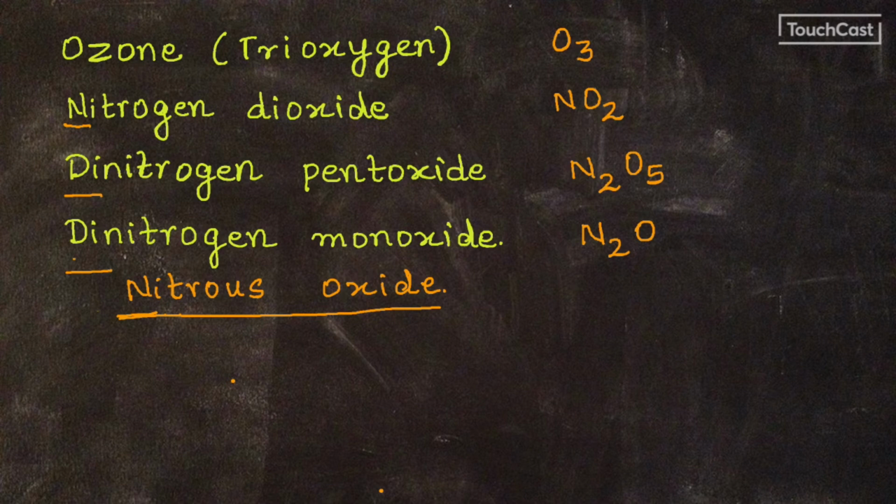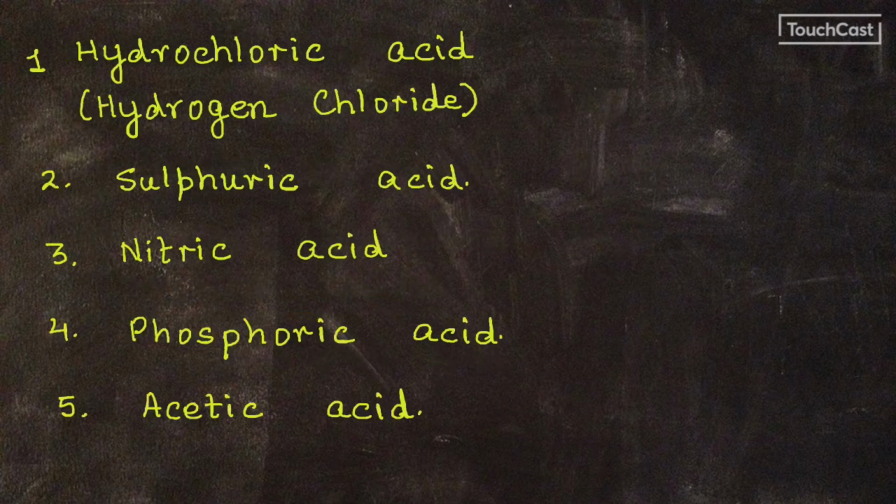We are trying to streamline it now by giving proper names with prefixes and suffixes. So that's why nitrous oxide. Yes, you're laughing. I hope if chemistry becomes easy for you, you'll also start smiling and laughing.